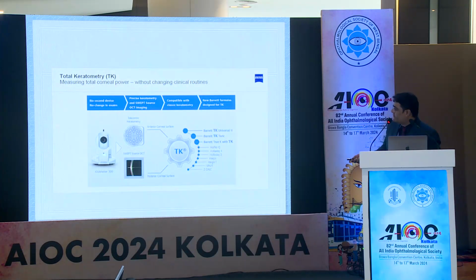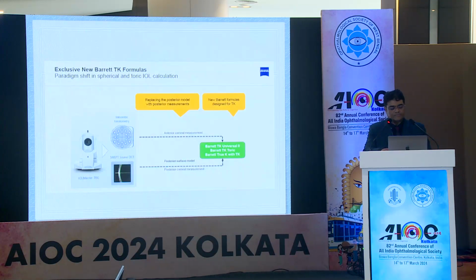Another thing it gives us is the total keratometry. Because it has OCT incorporated in it, we can get the total keratometric value. And it has formulas based on total keratometry, like Barrett TK Universal 2 for normal eyes, Barrett TK Toric for toric IOLs, and Barrett True K with TK for post refractive surgery eyes.